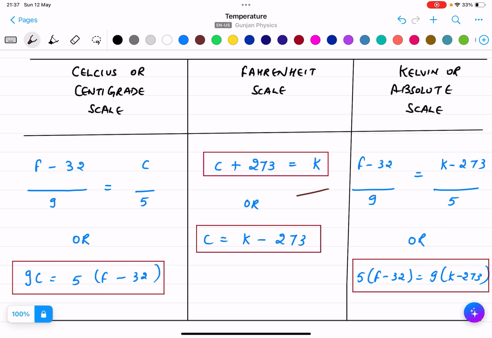Now, the Kelvin or absolute scale temperature we don't use much in our calculations or numericals. If you know these two formulas, that's more than enough.